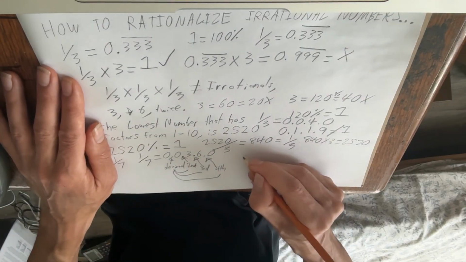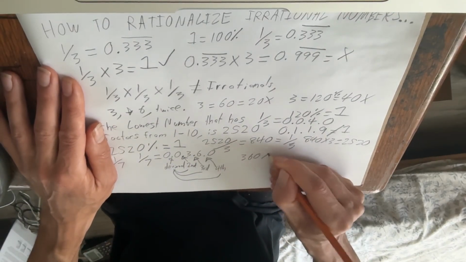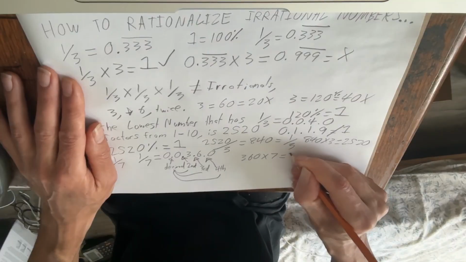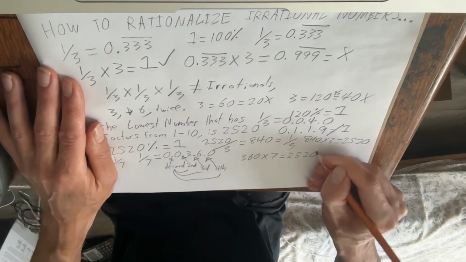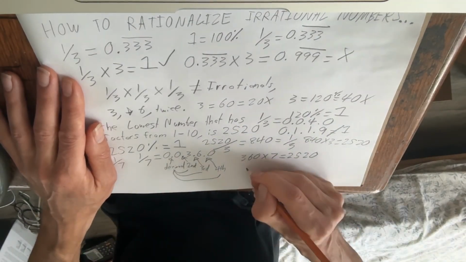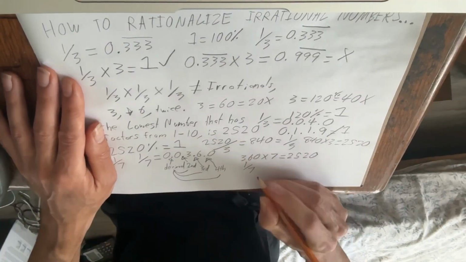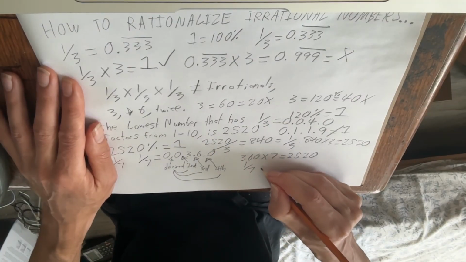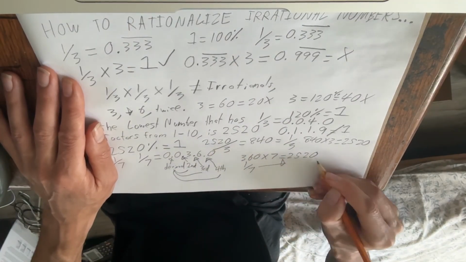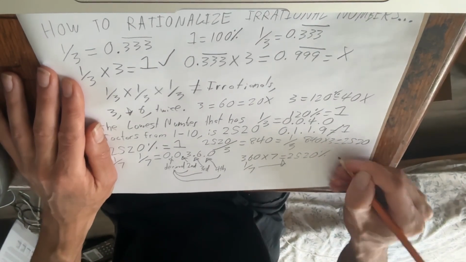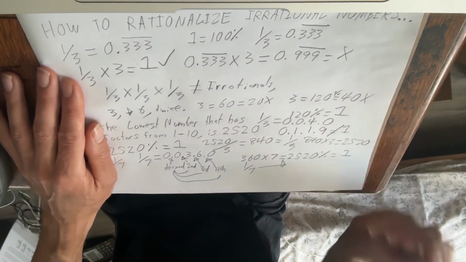If we know that 360 times 7 would equal 2,520, therefore 1 over 7 is now going into 2,520 as a percentage that equals 1.